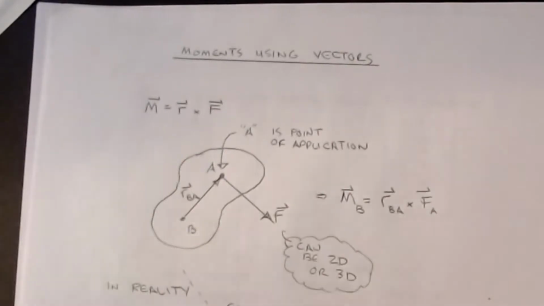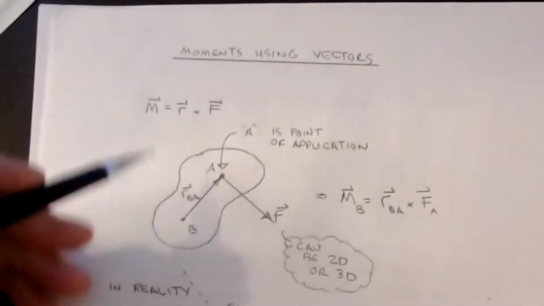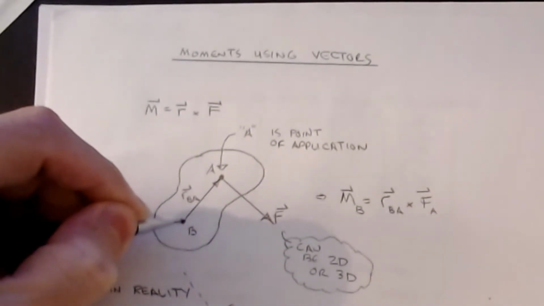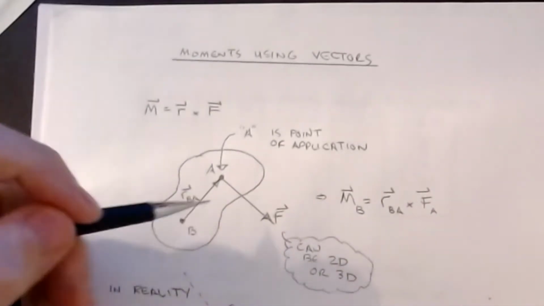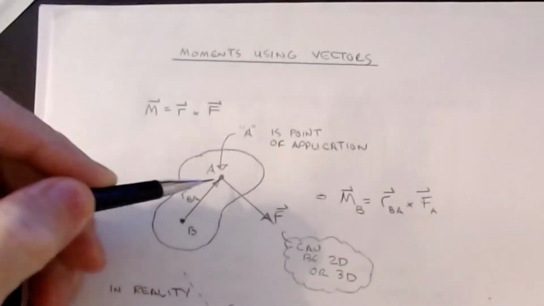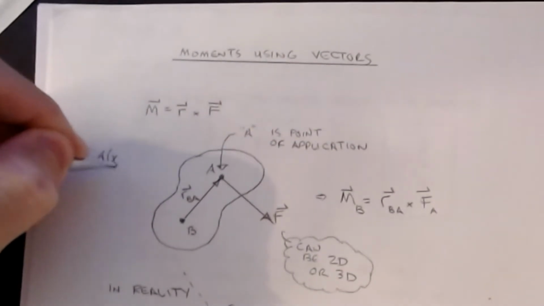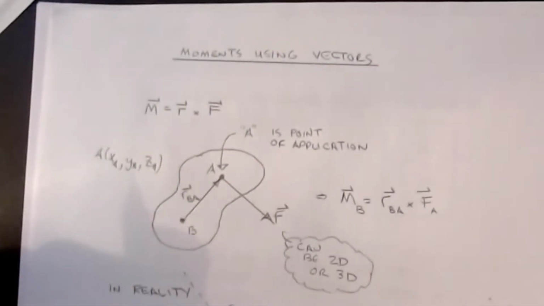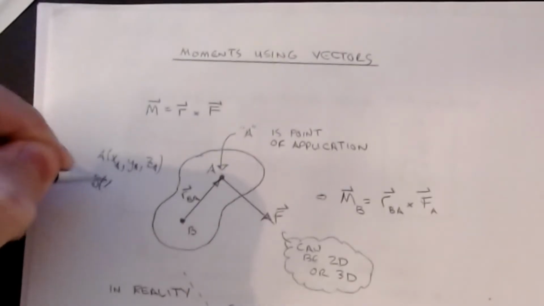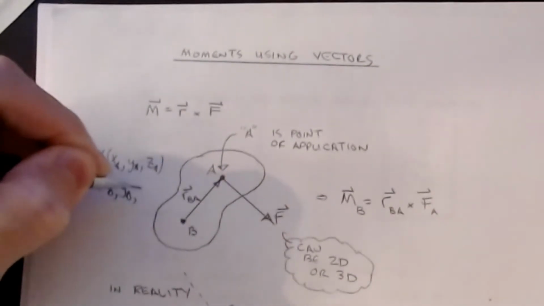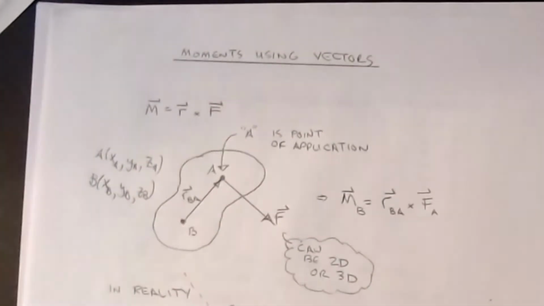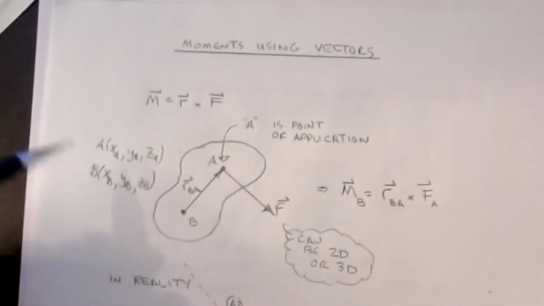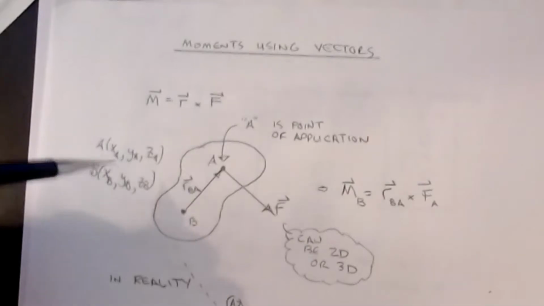And so what I have here is kind of a general object. Now, this could be a two-dimensional object, this could be a three-dimensional object, it doesn't matter. So let's say that we wanted to find the moment at a point B, and my force was acting at some other point A. Now again, A could be given as XA, YA, and ZA as the coordinates, and then B likewise could be XB, YB, ZB as the coordinates for B. So if we have those points in space, and typically you can find those offhand, this is always a good thing.